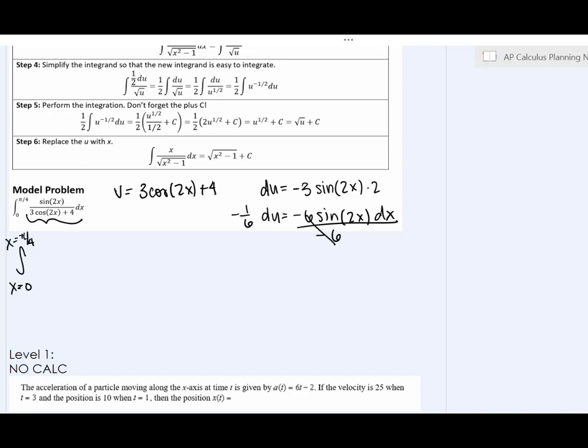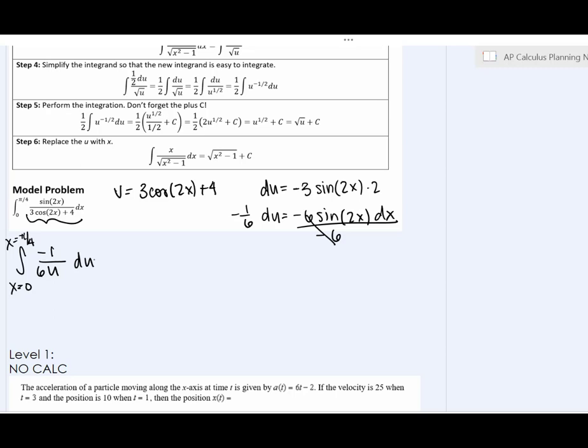Now I know that u is 3 cosine, that whole denominator, so that's going to be over u. And I also know that this sine of 2x dx is equivalent to negative 1/6 du. So I'm going to put that negative 1 over 6 here, and then that's du.